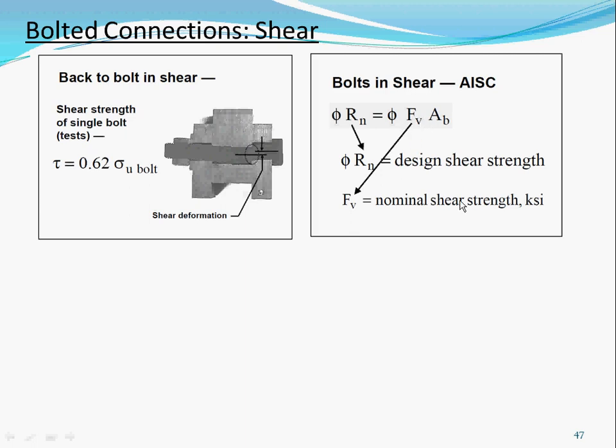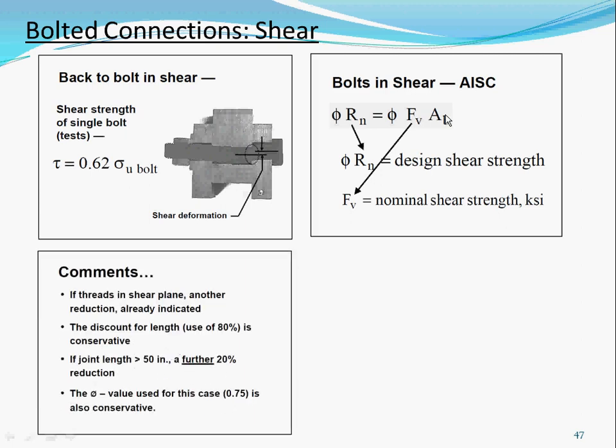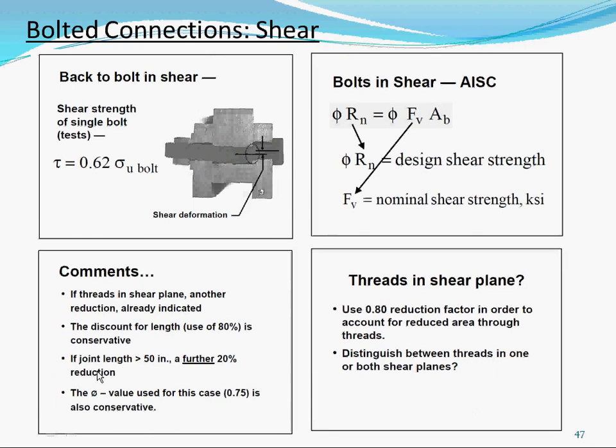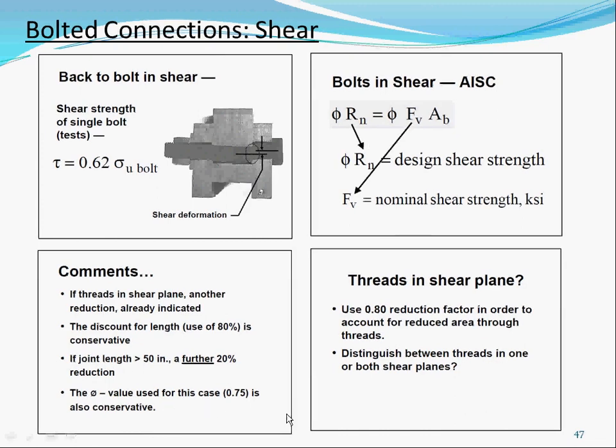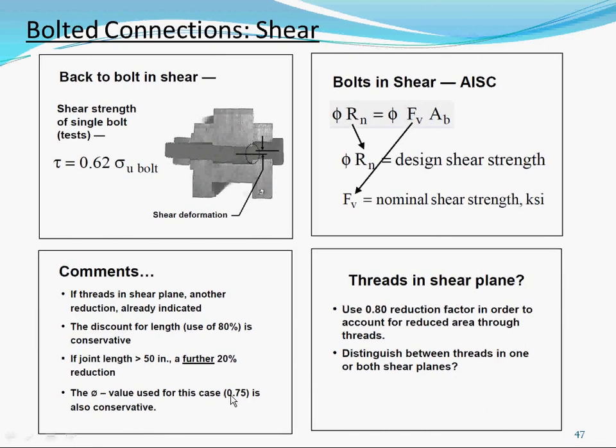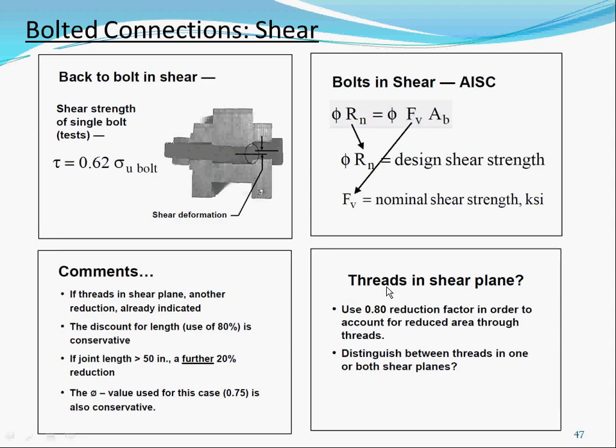They give you the nominal shear strength, and depending on what bolt you choose, you calculate the bolt area. Again, if the joint is greater than 50 inches, then you reduce it by 20% based on what we just saw. The phi factor for all cases is 0.75. It doesn't matter what it is, they just conservatively use 0.75.